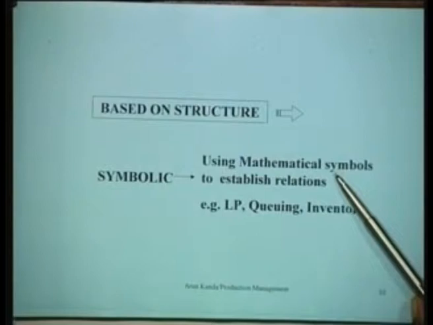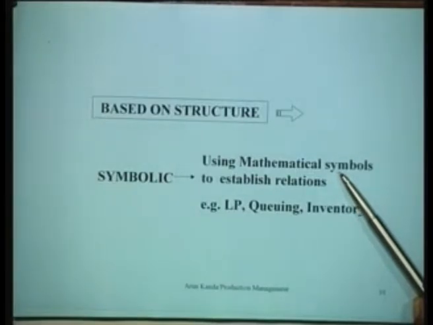So, what we are doing here is that the quantities of interest are represented by some kind of symbols, and you establish the relationships between these symbols, you establish what your priorities and objectives are, and you have a mathematical model which tries to capture this situation.